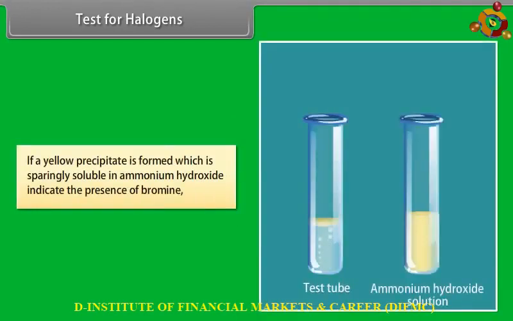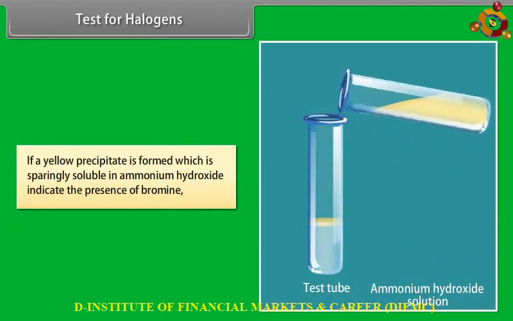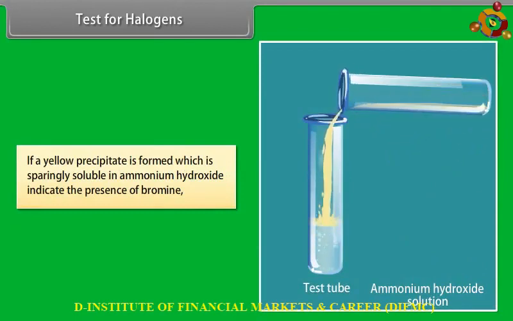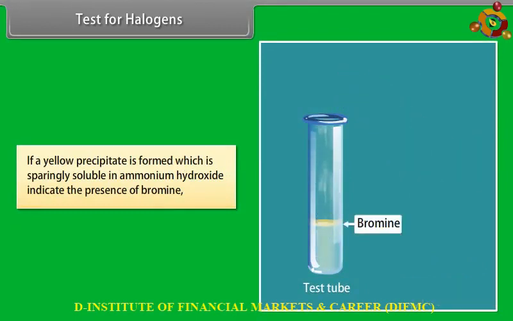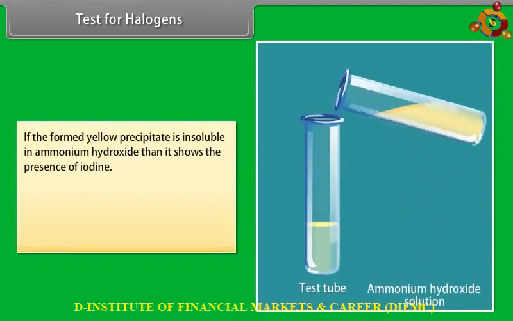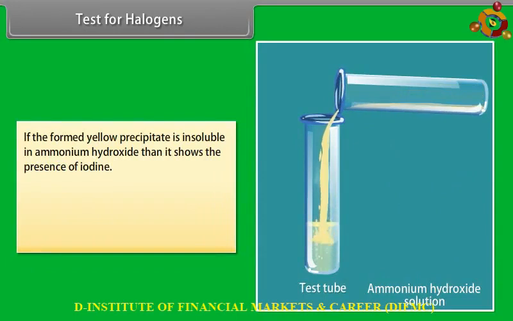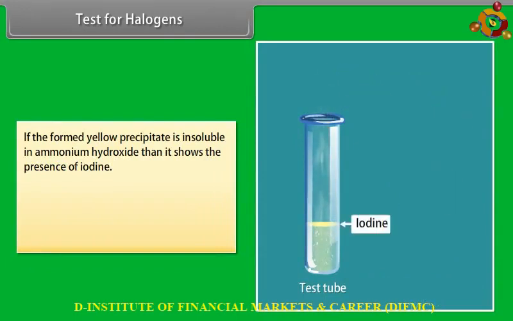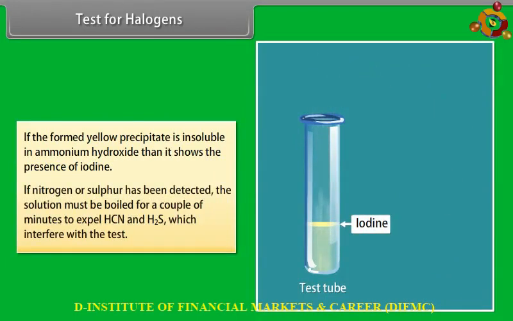If a yellow precipitate is formed which is sparingly soluble in ammonium hydroxide, it indicates the presence of bromine. If the yellow precipitate is insoluble in ammonium hydroxide, it shows the presence of iodine. If nitrogen or sulfur has been detected, the solution must be boiled for a couple of minutes to expel HCN and H2S, which interfere with the test.